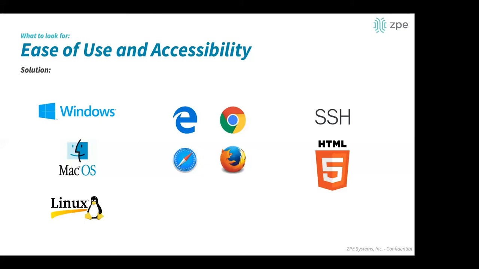So again, here you would expect it to work with Edge, Firefox, Chrome, Safari, or any of the other current browsers which you might encounter on your systems. And because of that, you would expect that the solution supports standard protocols. For web interfaces, that means today HTML5, and for text-based, more CLI-driven access, you're talking about SSH.